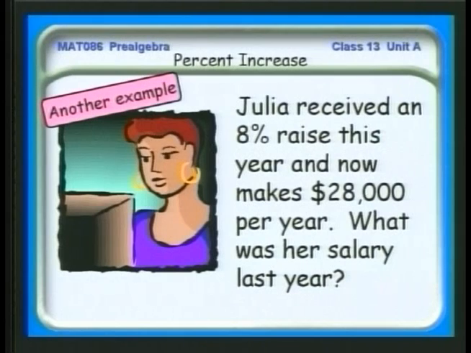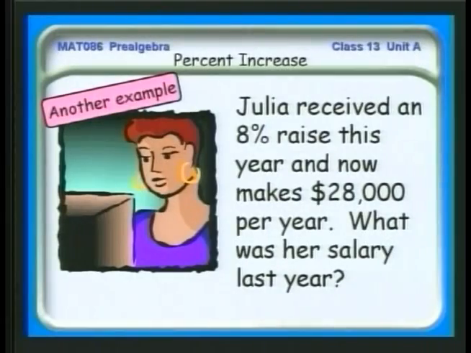Let's look at this from a different angle. What we've done so far is we've calculated the percent of increase. We've calculated the new wage from the old. In other words, we've calculated the increase. And in this problem, we're asked to come at it yet a different way.